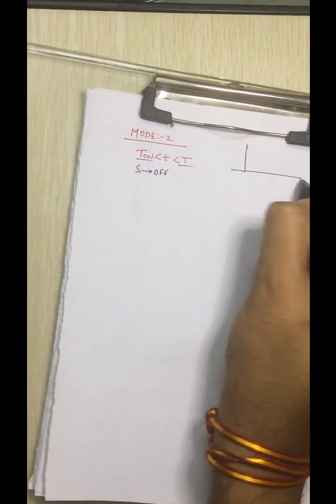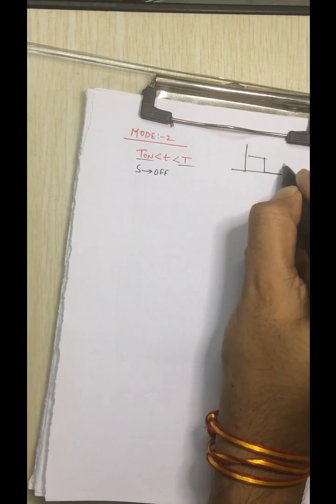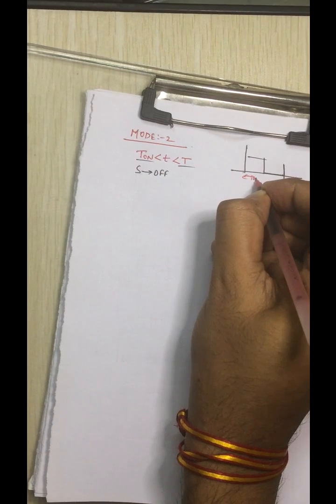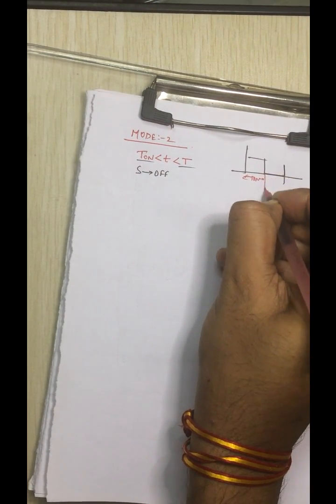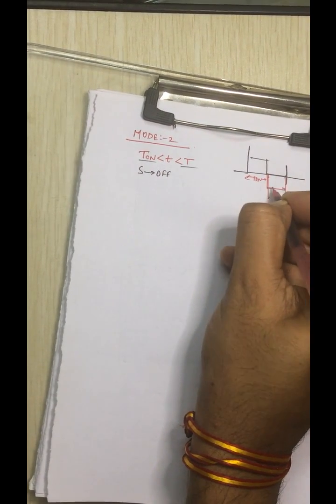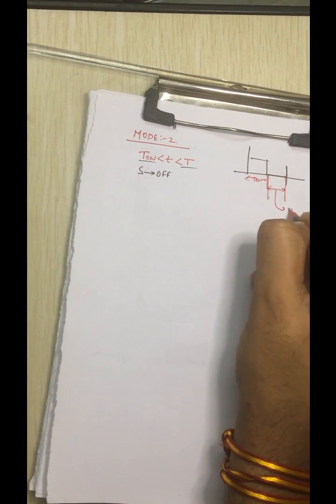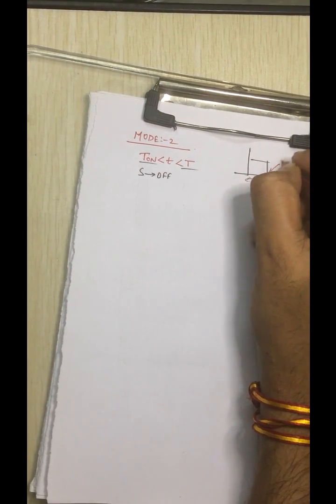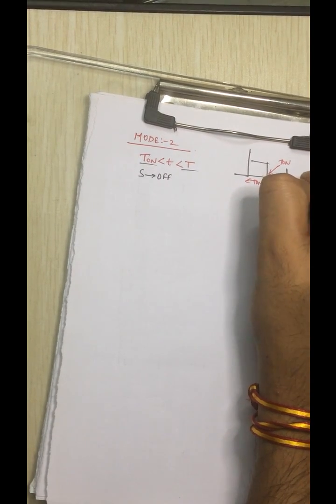This is T on and T off. I have already talked about T on. Now I am talking about this region, this is the T off time. Here it is T on, here it is T.